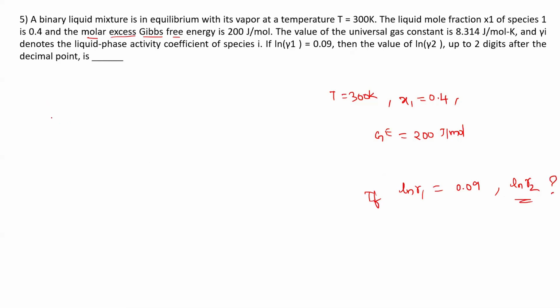So there is one relation when we are discussing binary mixtures. We have this property, right? So G by G is 200.